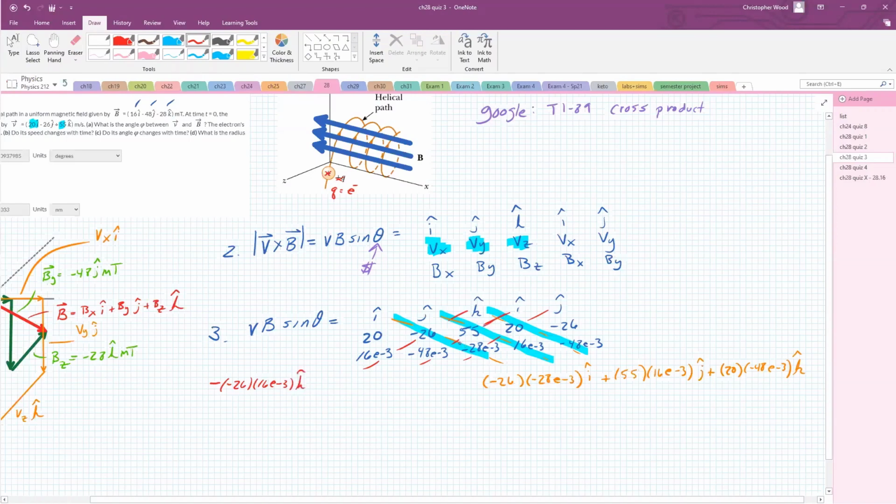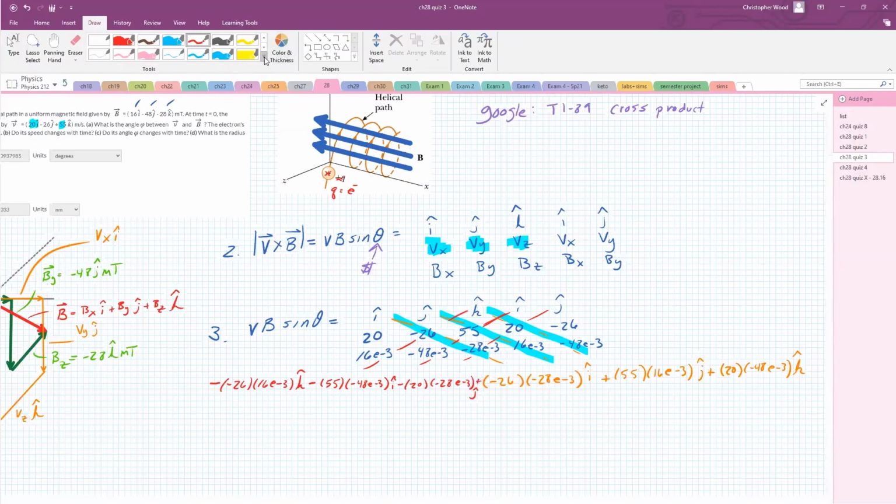And then this over here, I'm going to start with a negative again, negative of 55 times negative 48 E minus 3 I hat. And then last but not least, start with the negative of 20 times negative 28 E minus 3 J hat, and then this would be plus.